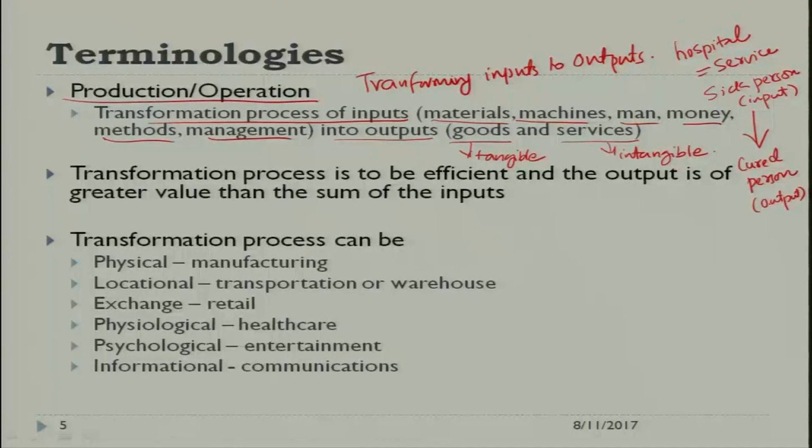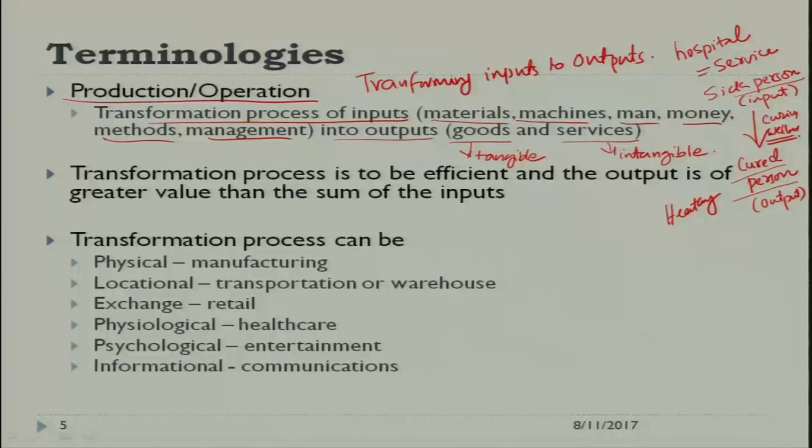The transformation process there is curing, or wellness, or treatment. So you are transforming a sick person to a cured person or a healthy person. That is the output. That concept is what we call a service.